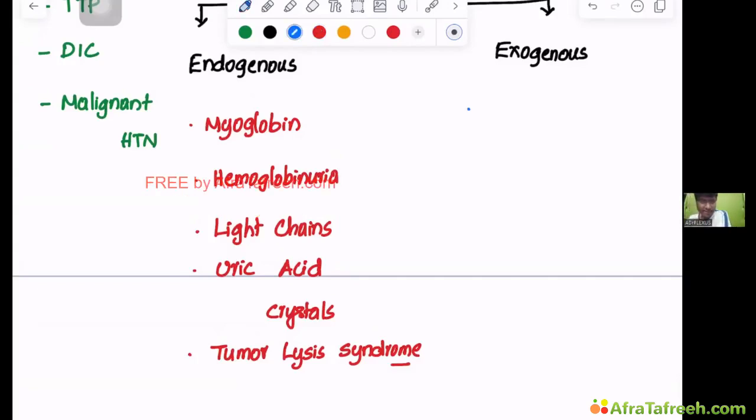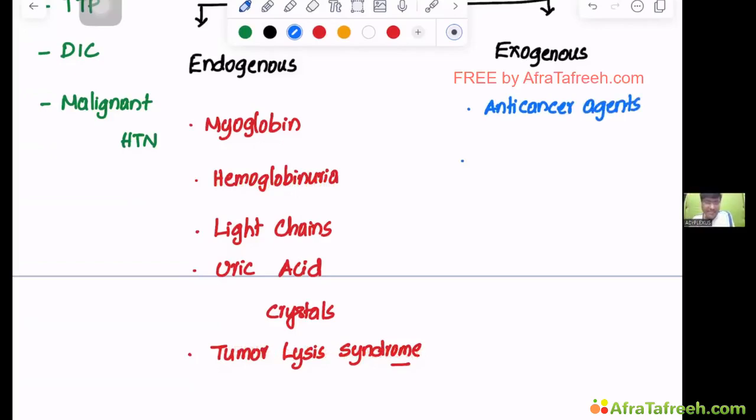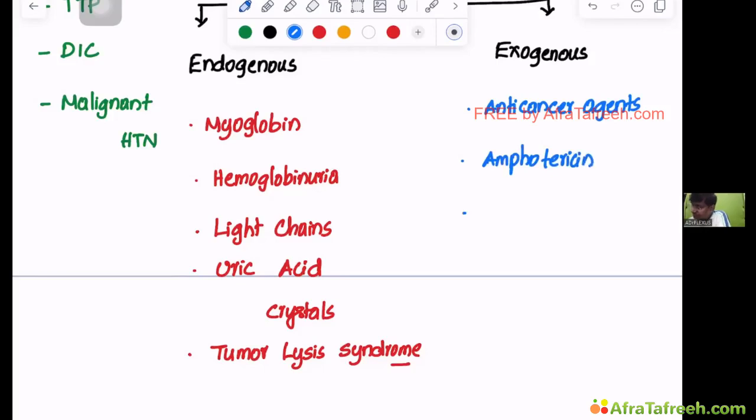These exogenous toxins include the anti-cancer agents. What are those anti-cancer agents? Like cisplatin can cause acute tubular necrosis. And we have many antibiotics, right? Amphotericin B can cause acute tubular necrosis.